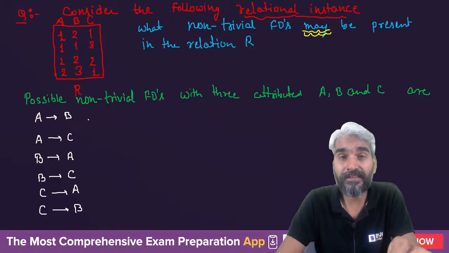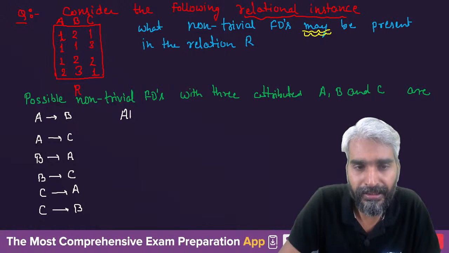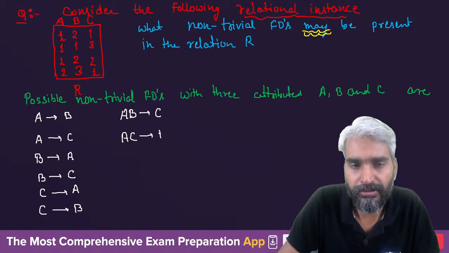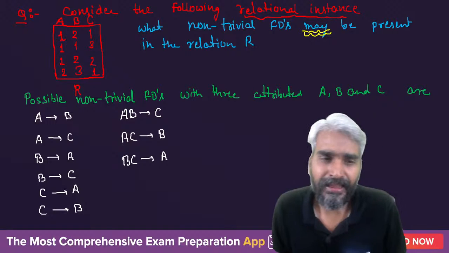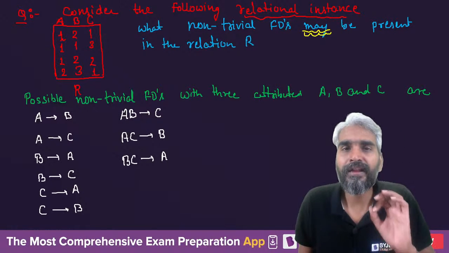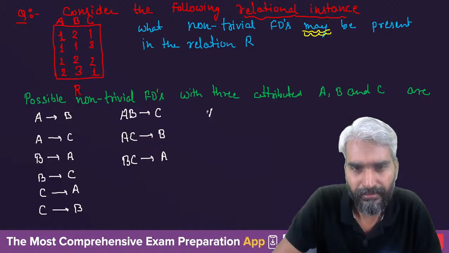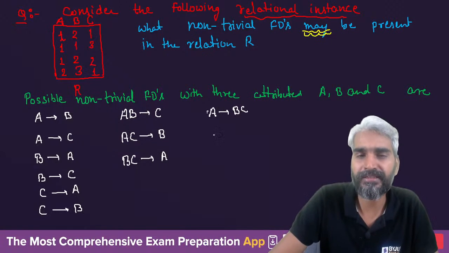Now, these are with respect to single attributes. Now you will say, perhaps it is possible that AB together can give you the information of C, or AC together can give you the information of B, or BC together can give you the information of A. Tell me, are there any other non-trivial FDs possible? Let me try to explain that. You may say that A implies BC may be present.